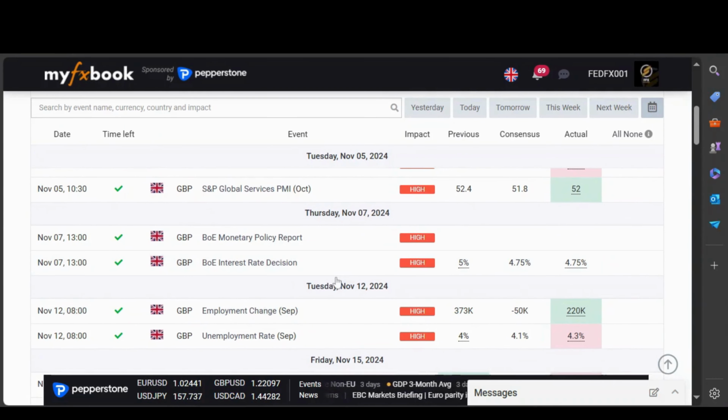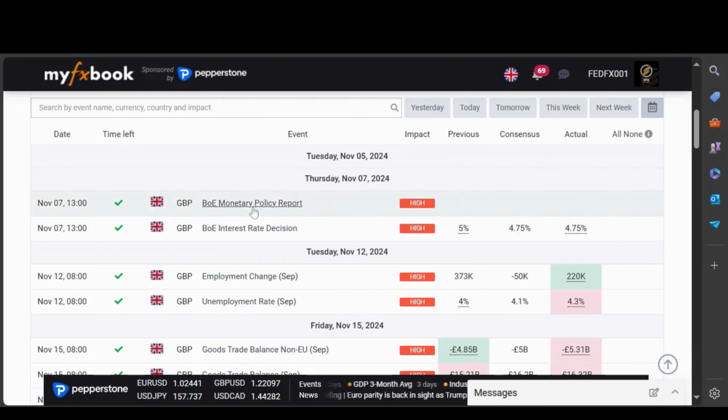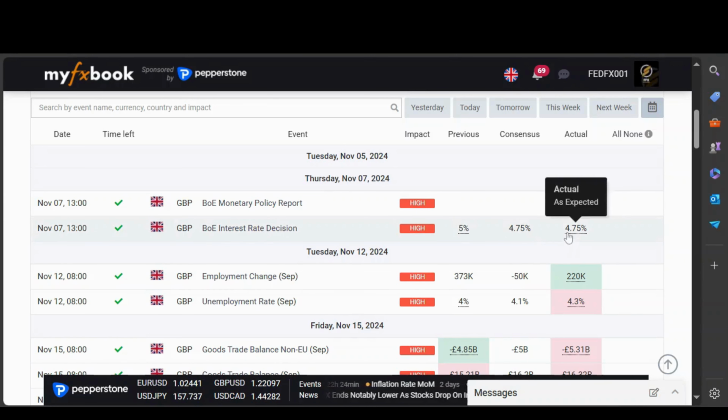Now, we move into the monetary policy report. It's something you could watch on YouTube, Bloomberg Terminal, something like that. And we had our interest rate decision. There was an interest rate cut of 25 basis points, right? Which weighed lower on the economy.